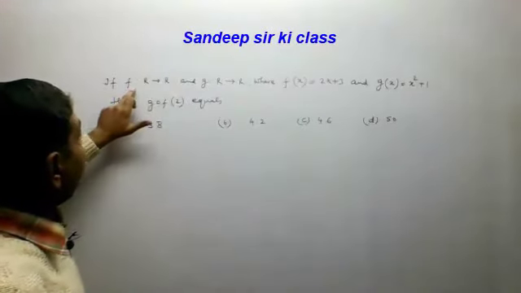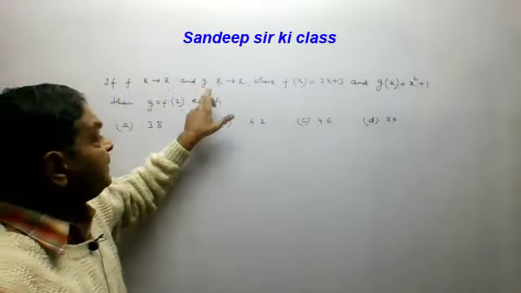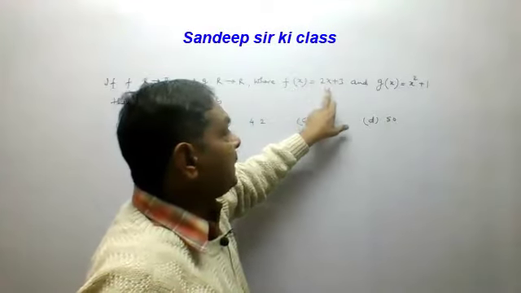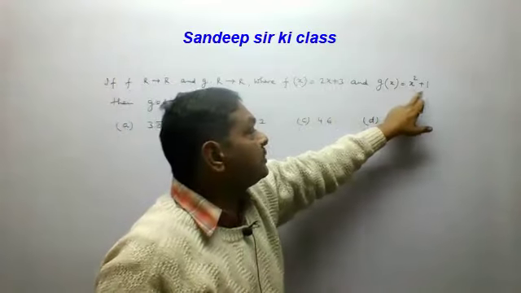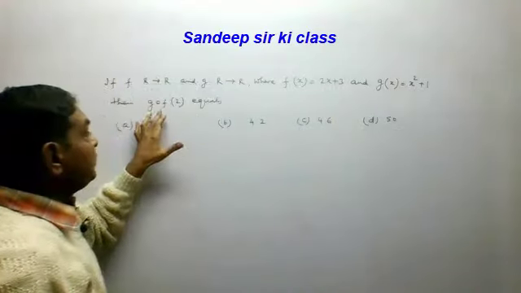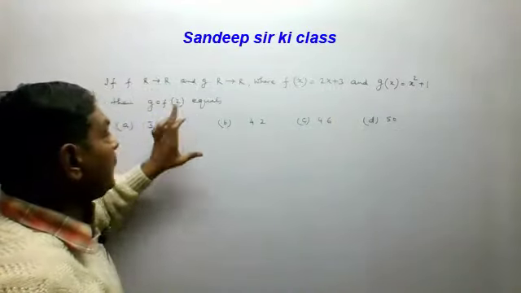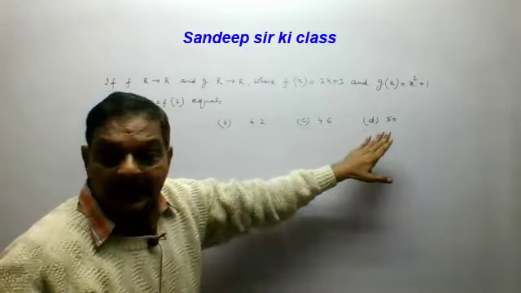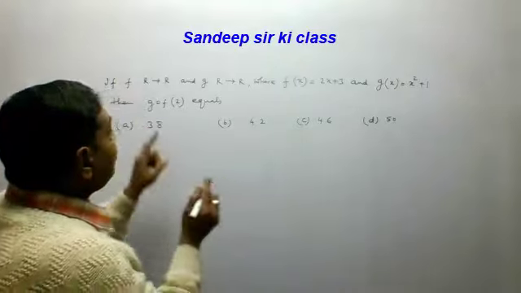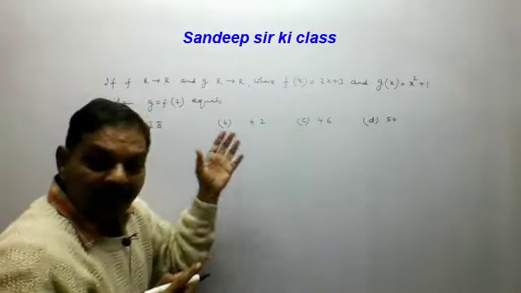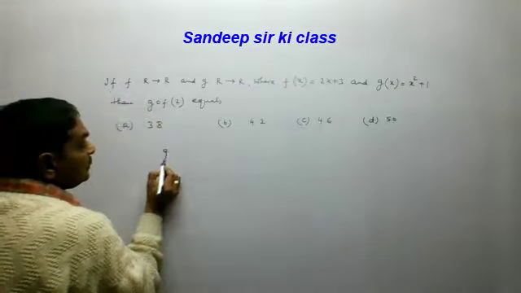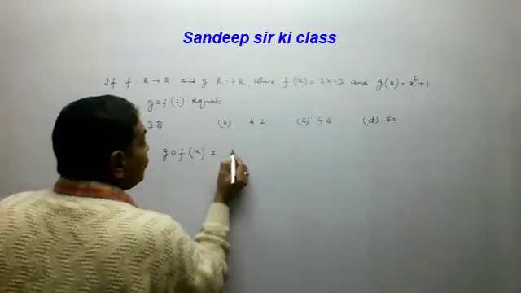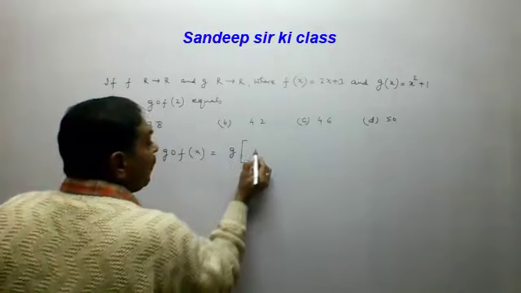Question is, if f: R to R and g: R to R, where f(x) is equal to 2x plus 3 and g(x) is equal to x square plus 1, then gof of 2 equals, options are 38, 42, 46 and 50. See, we have to first calculate gof(x). Now gof(x), by definition we know that this is equal to g of f(x).